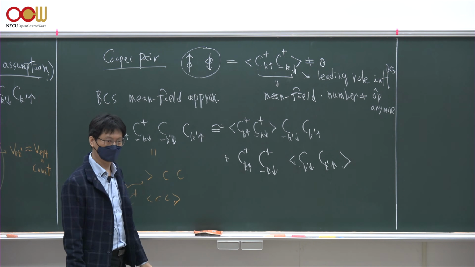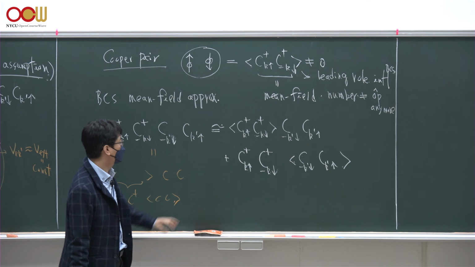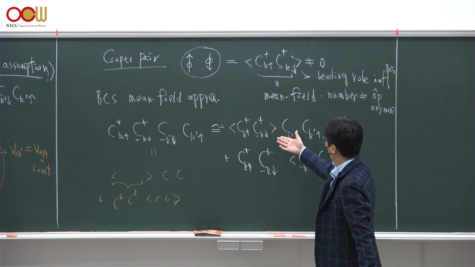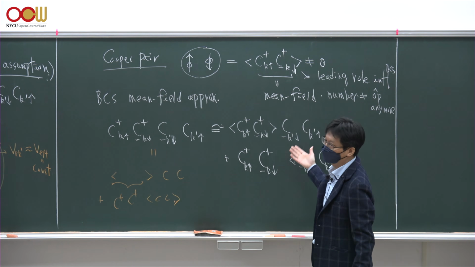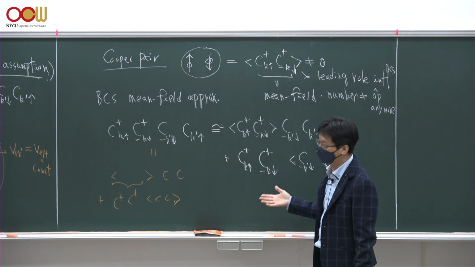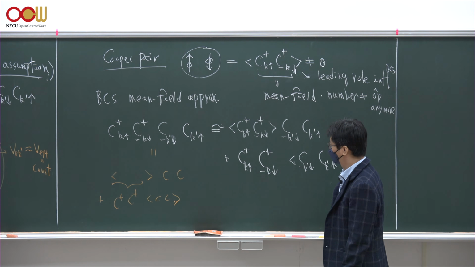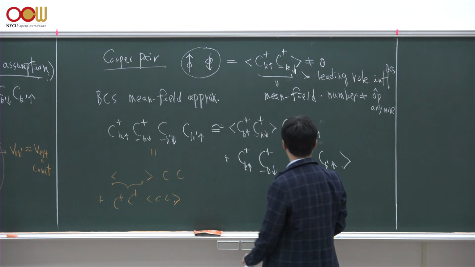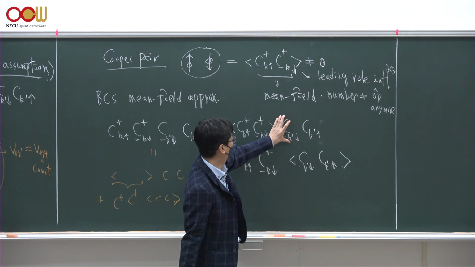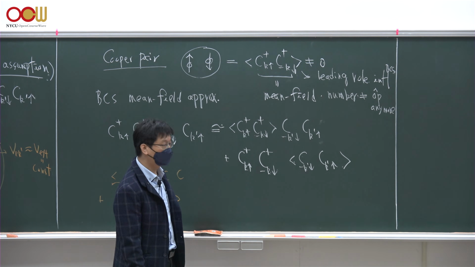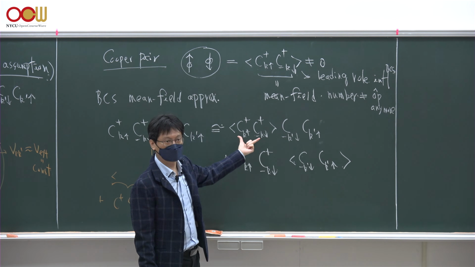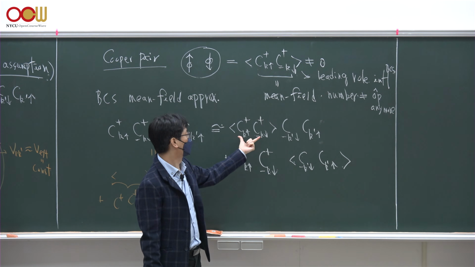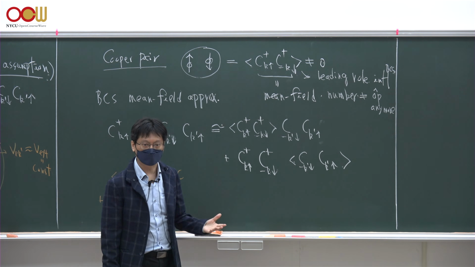Namely, these two electrons must develop some non-zero expectation value at ground state, and these two will do the same thing. But of course, this Hamiltonian cannot be just a number, so it must retain some quantum nature, which comes about when we keep the remaining operators there and approximate the other two operators by their mean field.